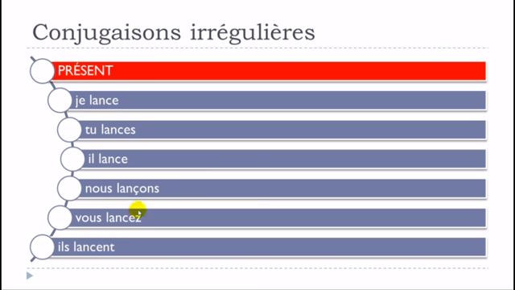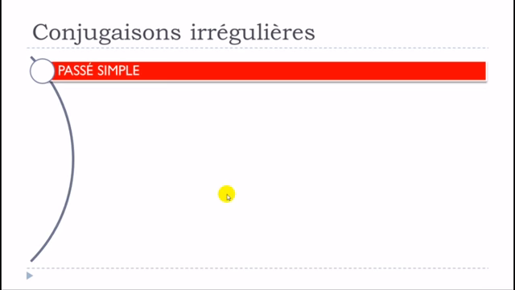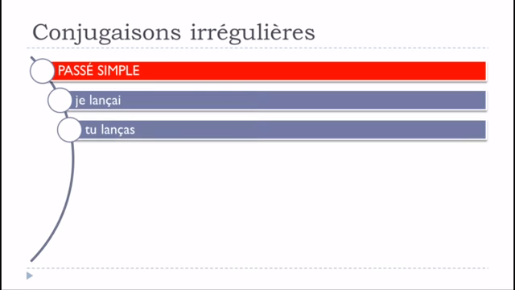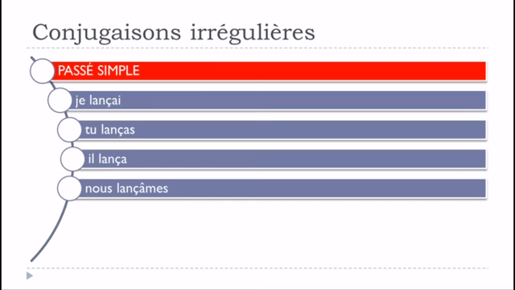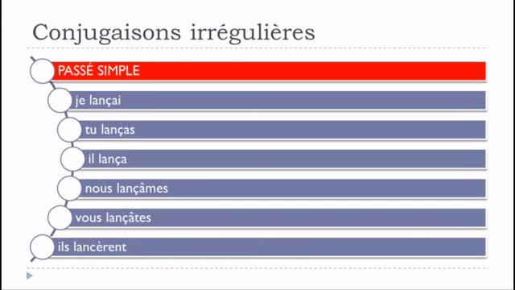The only thing is for nous, in that case you put la cédille. And then let's see le passé simple. Je lançai, tu lanças, il lança, nous lançâmes, vous lançâtes, ils lancèrent. You can see that there is only one form that won't be affected, but all the others will need to be modified with the cédille, like here.